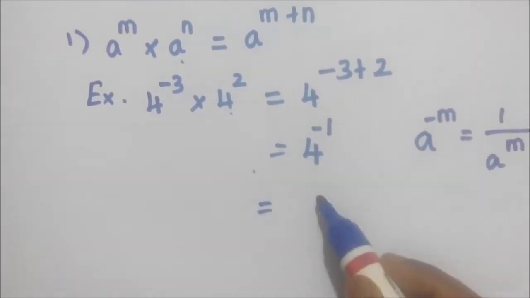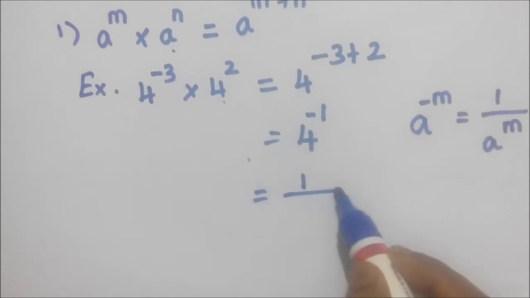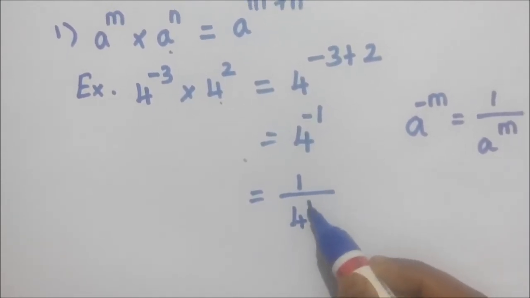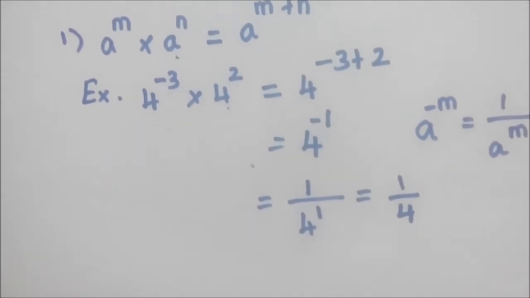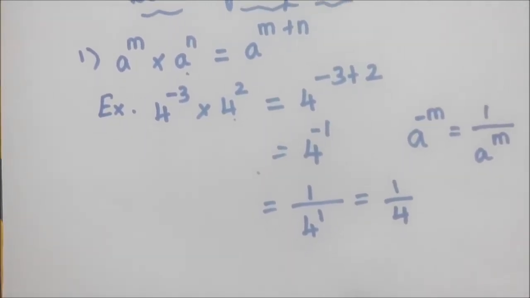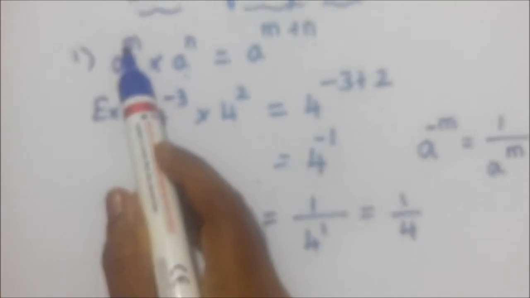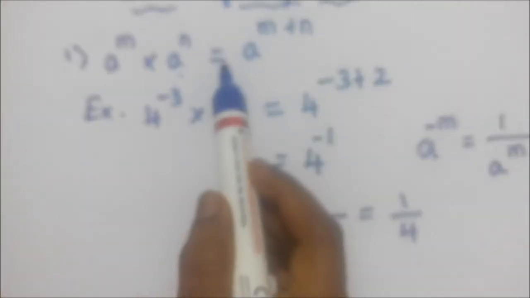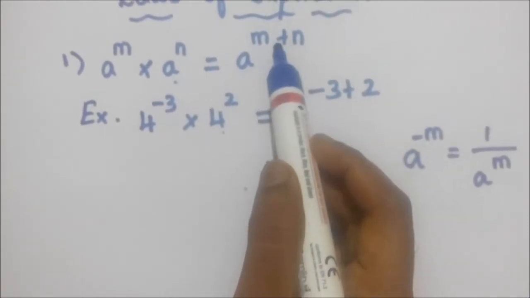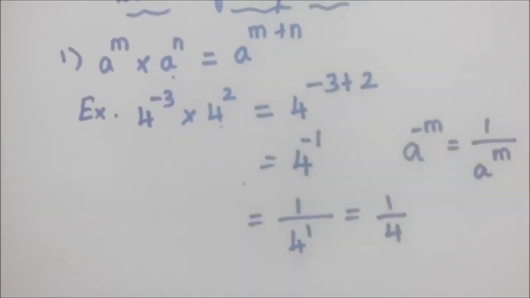In the same way we can write 1 upon 4 power 1. 1 by 4 is the answer. So our first law is a raised to the power m into a raised to the power n is equal to a raised to the power m plus n.